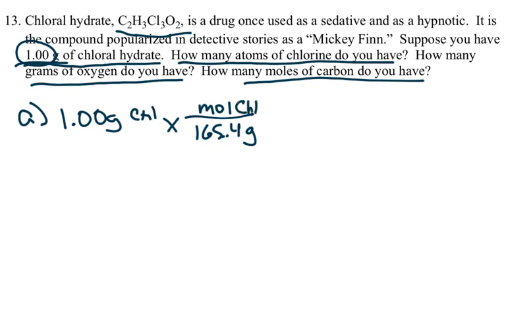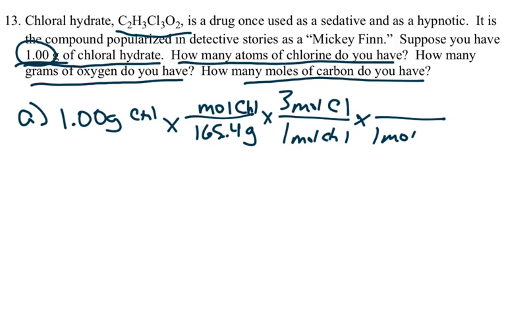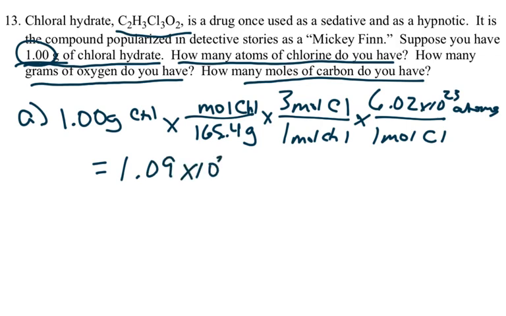Moles of CHL times, okay, 1 mole of CHL, there's 3 moles of chlorine, and then for every mole of chlorine, there's 6.02 times 10 to the 23rd atoms. Okay, 1.09 times 10 to the 22nd atoms of chlorine.